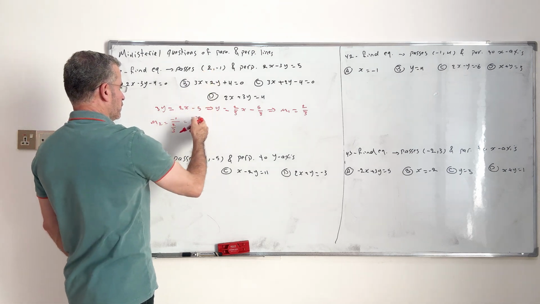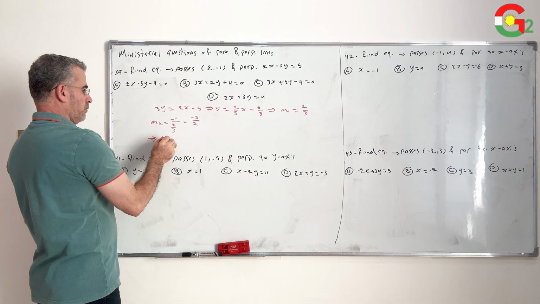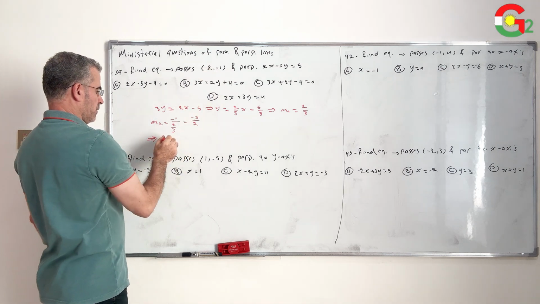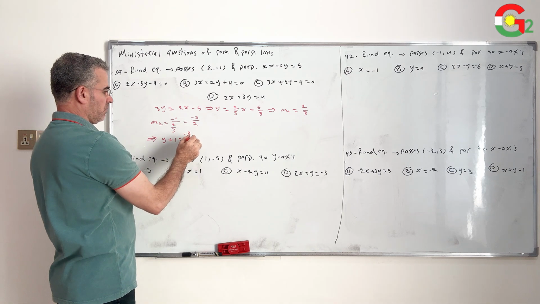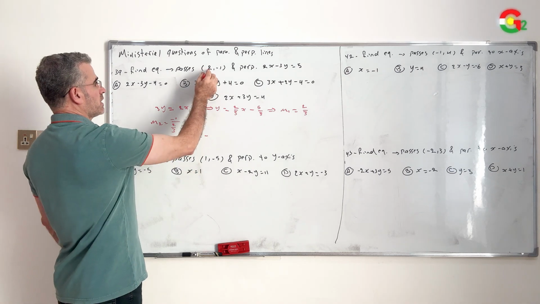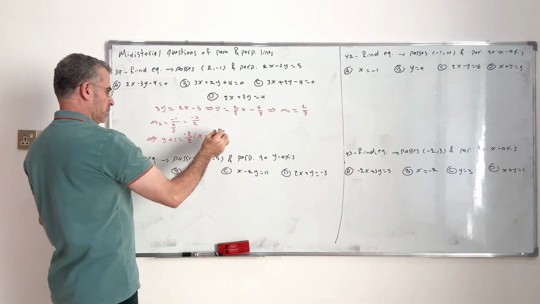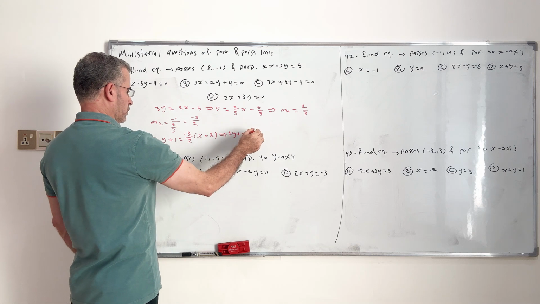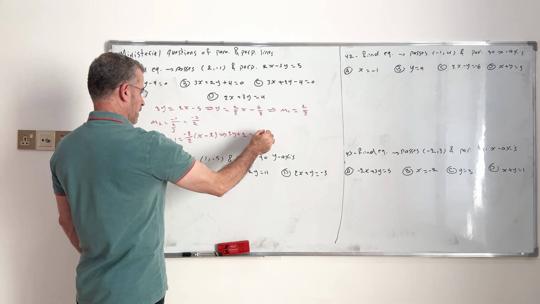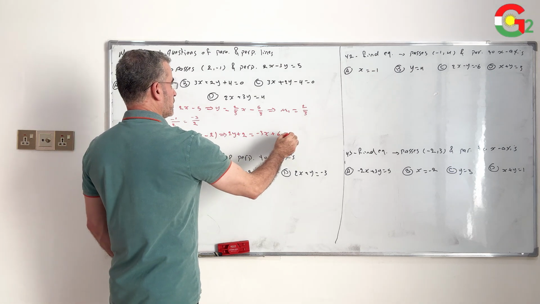I'll use the point with the slope to find the equation of the needed line. y minus y1, minus -1, it's y + 1, equals the slope -3/2 times (x - 2). Multiply both sides by 2: 2y + 2 = -3x + 6. Simplify this equation.